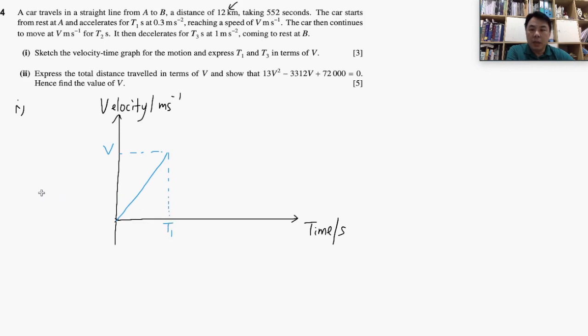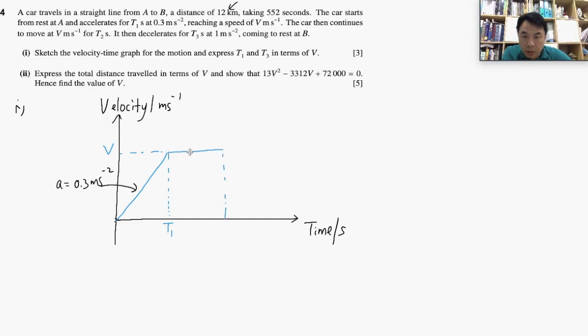Now the other extra information I should label at this point is the acceleration. I'll use the lowercase a to represent acceleration, 0.3 meter per second squared for this line. And then next, it continues to move at v meter per second for t2 seconds.